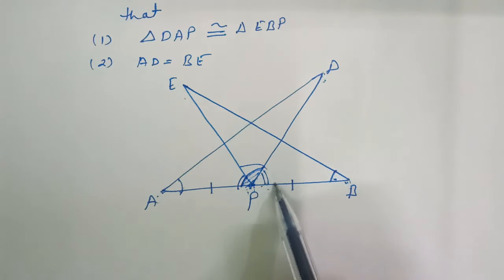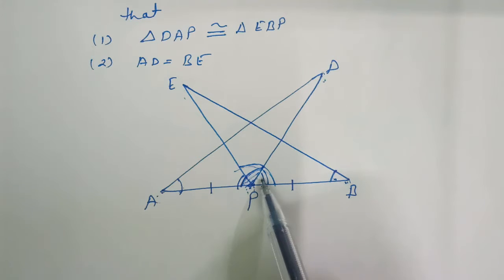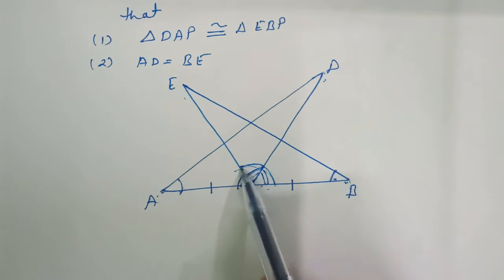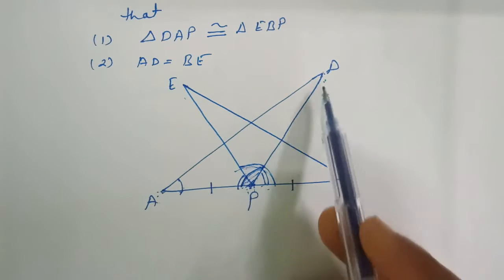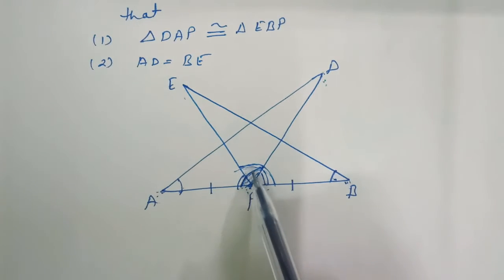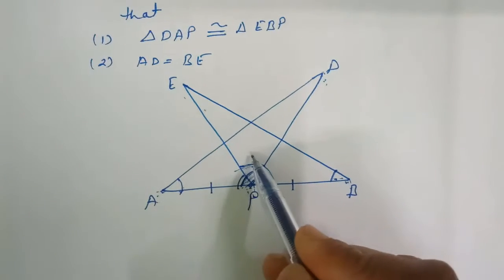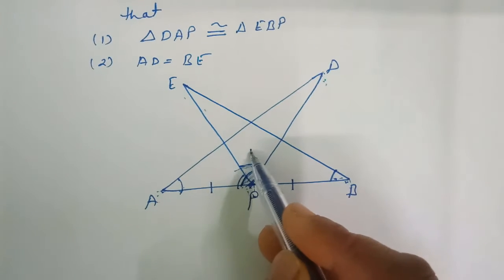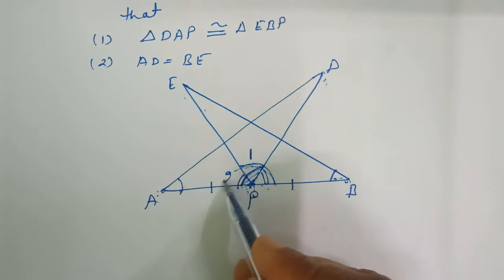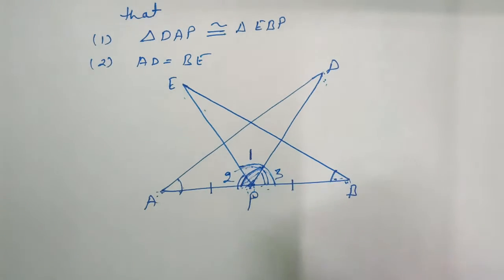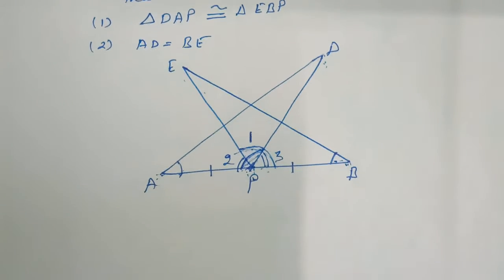We must have these two parts as equal. What we are observing is that this part is common in both triangles. So let us name them as 1, 2 and 3.